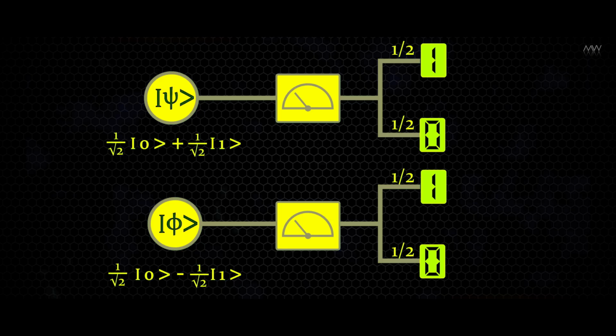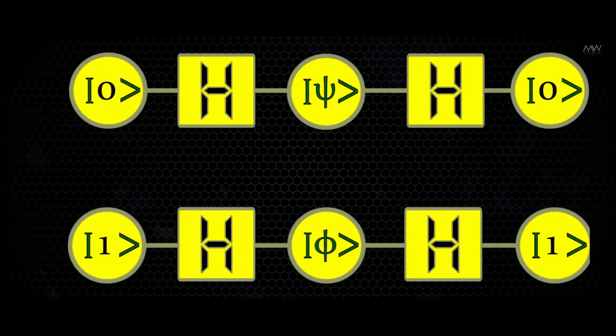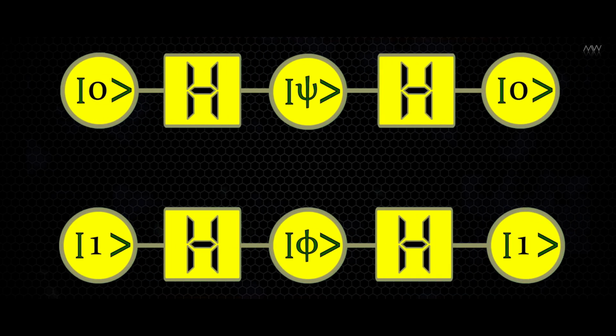One could say that the Hadamard operator erases the information written into the qubits, but this is not quite true. As we can see, the results of its action on 0 and 1 will be different at the quantum level, and the erased information can be restored just because the amplitudes with plus and with minus form different states. It is enough for us to act on the erased qubits with the Hadamard operator again, and we will return them to the initial state.